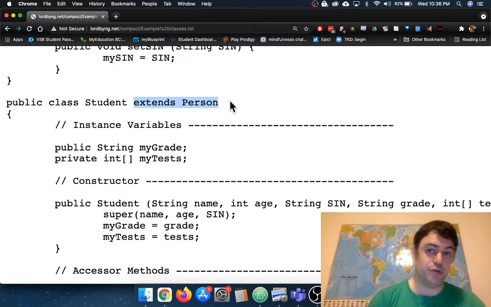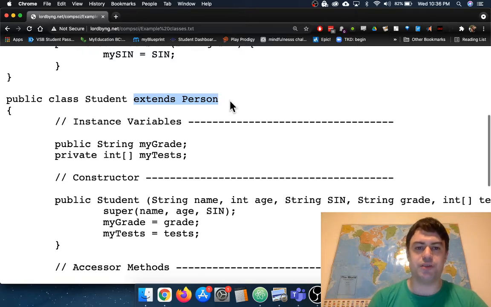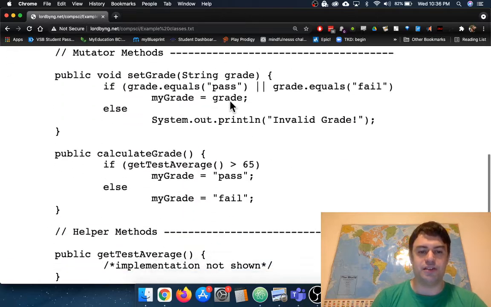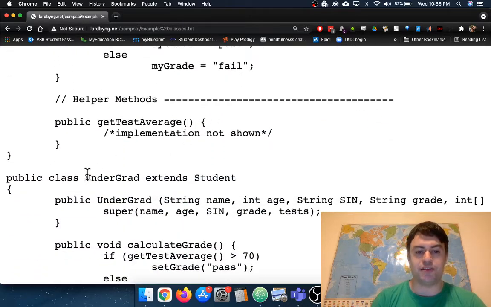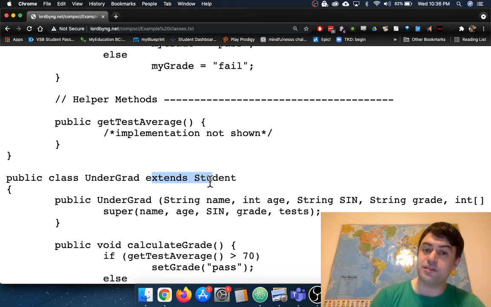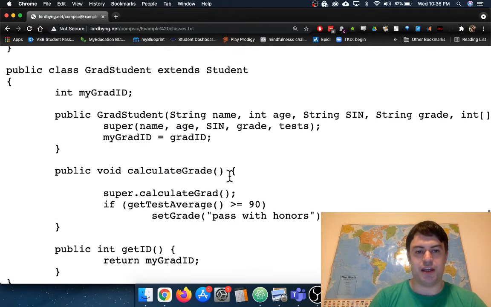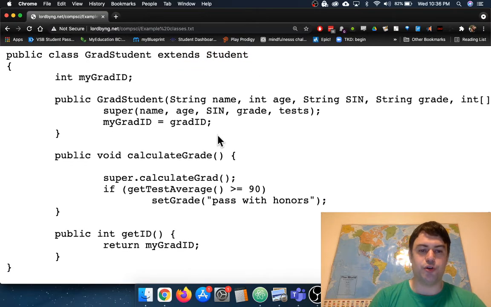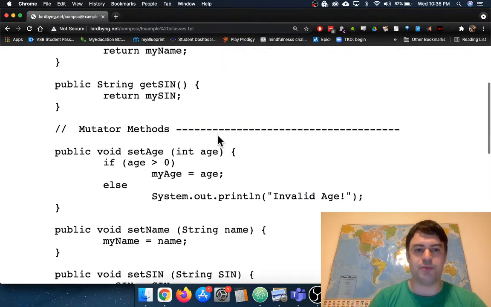So that's the new thing. This is where the whole idea of subclasses and superclasses will come in. Notice that later on, we'll get a class called Undergrad, which extends Student. So we get another level of extending. We are extending Student, and Student is extending Person. And then, of course, we have GradStudent, which also extends Student. So that's the setup of what's going on here.